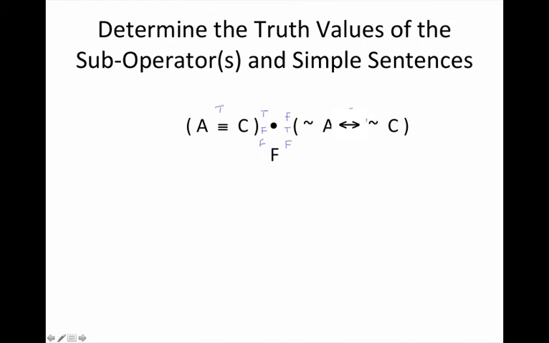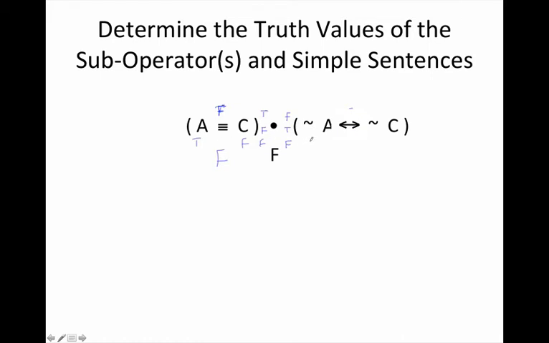But notice that we've got A, C, and tilde A, tilde C. So what if instead we make both of these false? Then we could have A be true arbitrarily and C be false, and that would get us a false triple bar.